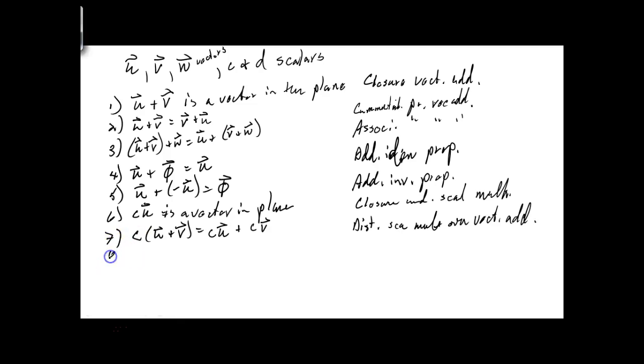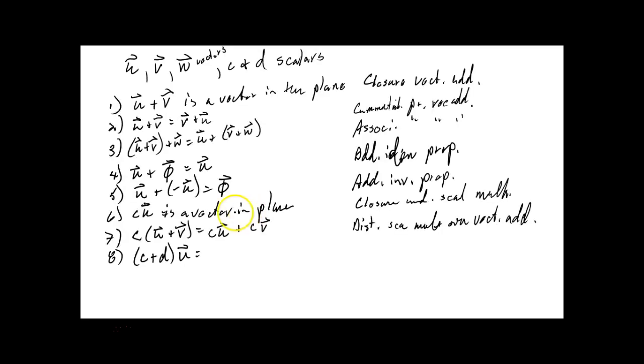Number 8, another multiplier. This is doing sort of a different version of that. Here you have 2 scalars, c plus d, multiplied by a vector u. This time, you distribute the vector over the 2 scalar addition.